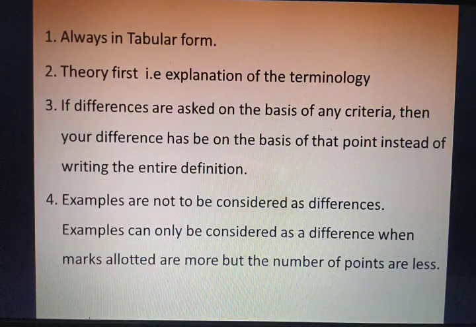Theory means explanation of the terminology, that means definition. Whatever the thing, try to write a brief definition if a definition is feasible for the topics. Please do write the definition first.